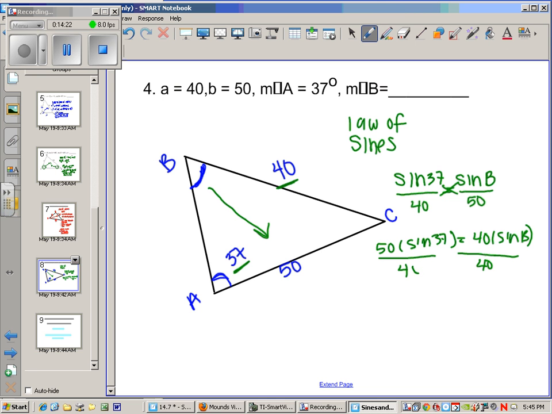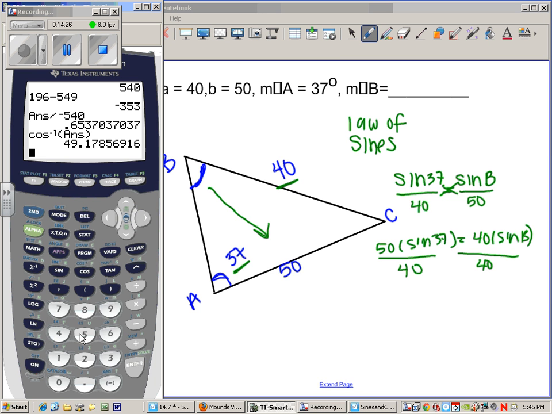So I can go to my calculator all in one step. I'm going to do 50 times the sine of 37. I need to divide that by 40. And I get 0.7522.